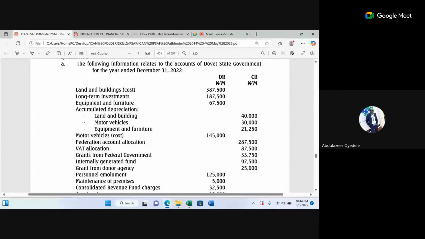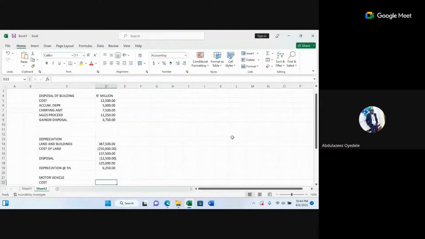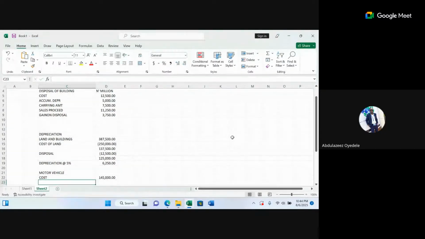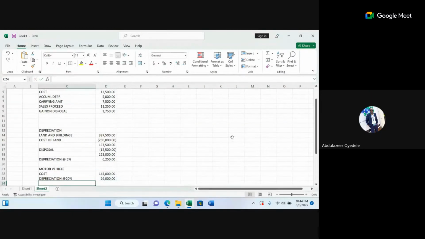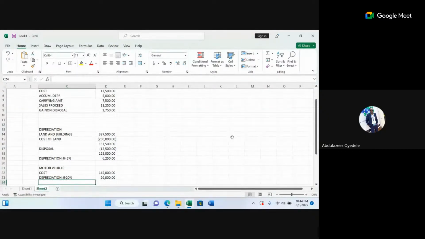Where is it? Okay, 145 billion. And then the depreciation at 20%, 0.2. Yes, that will be 29 billion.